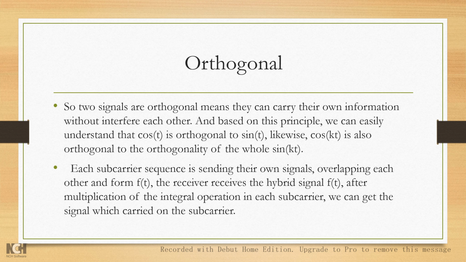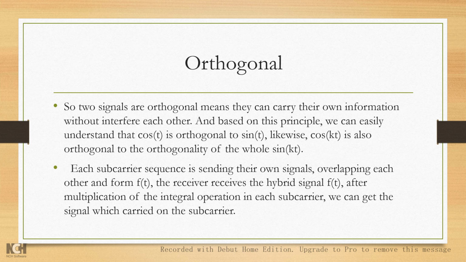Based on this principle, we can easily understand that cosine t is orthogonal to sin t. Likewise, cosine kt is also orthogonal to sin kt, and the whole set is orthogonal. Each subcarrier sequence sends its own signal, and they overlap each other and form f(t).